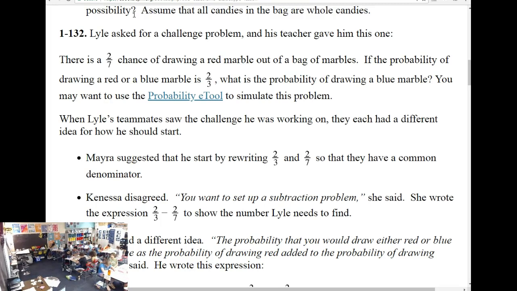Did you say 21 is not a thing? The common denominator is 21. You're good on that. Oh, I just wrote 1 3.